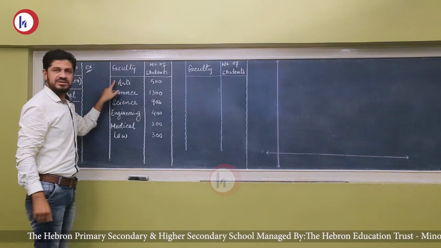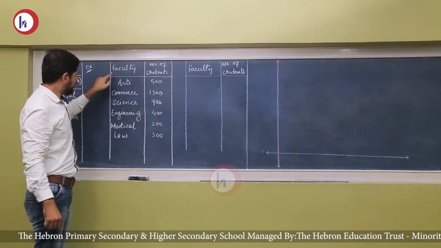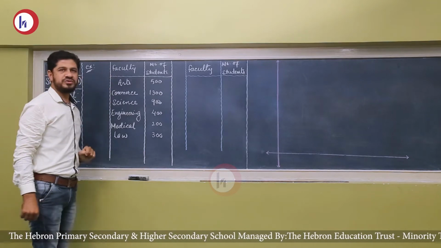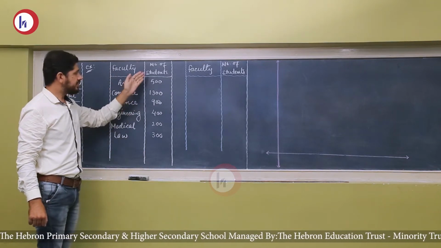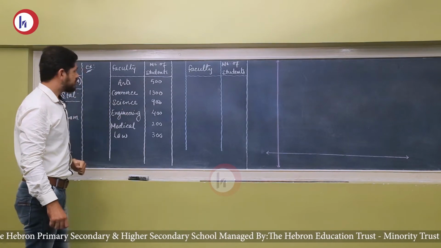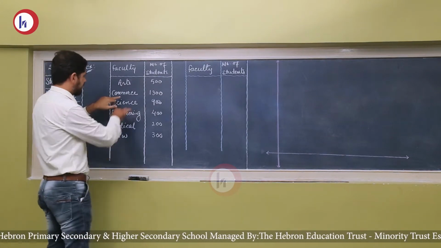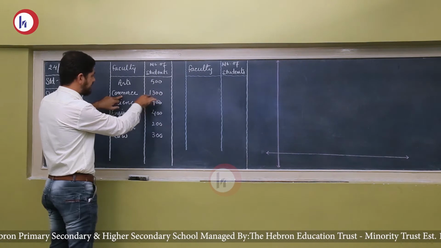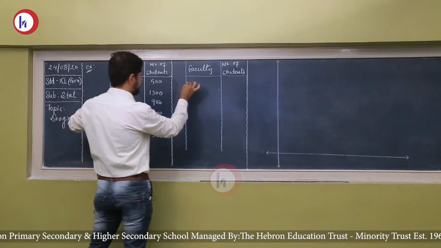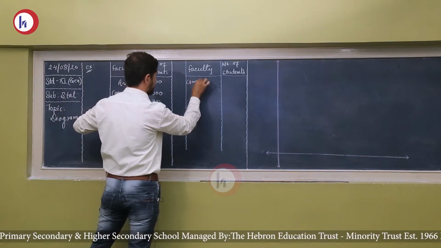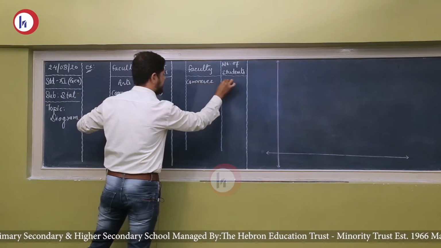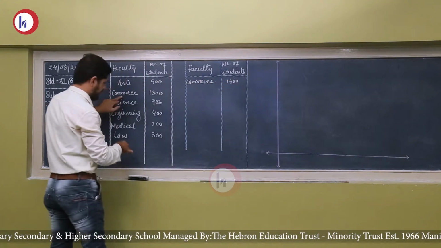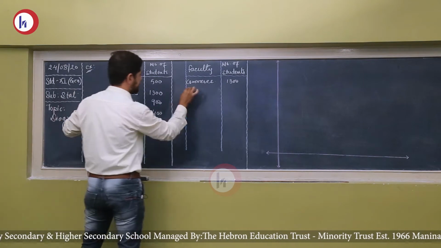Suppose in this illustration, we arrange all the numbers of students in descending order. So the highest number of students is in commerce. So we start with commerce, that is 1300. Number 2, that is science.